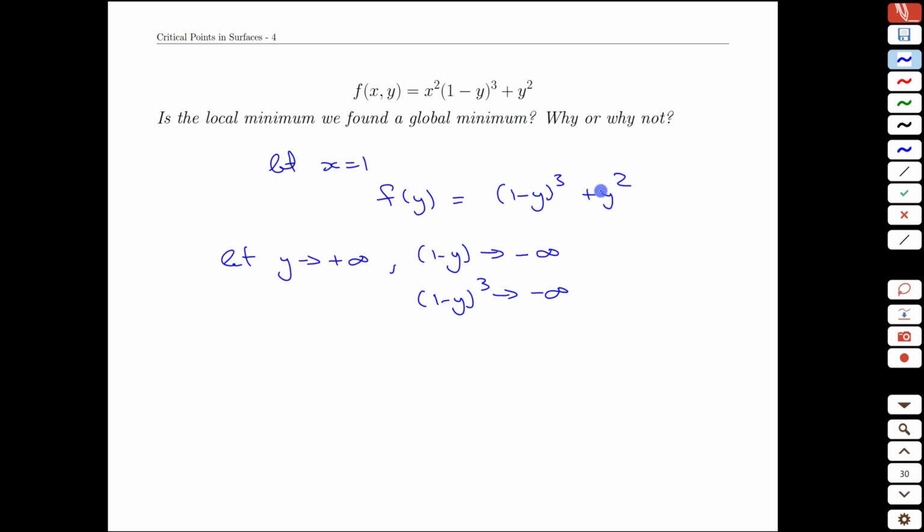And the other term, the plus y squared, is going to be smaller. We've seen this several times in the course. As the values get large, the highest power is the term that's going to dominate. So in other words, our function can approach negative infinity. Our function can drop, drop, drop, drop, drop, and that means there can be no global minimum.